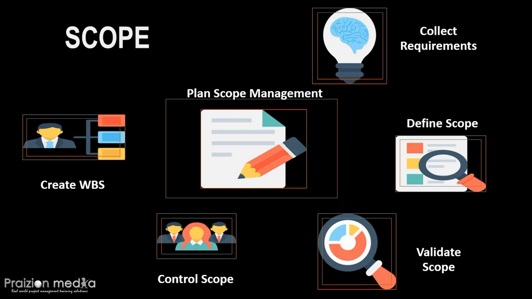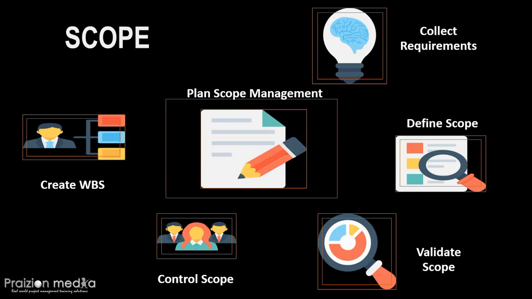Some students wonder why validate scope comes before control scope. I took a poll of fellow REPs, and the result was that the order and representation of these in the PMBOK Guide should not be a benchmark for how these are carried out in the real world.